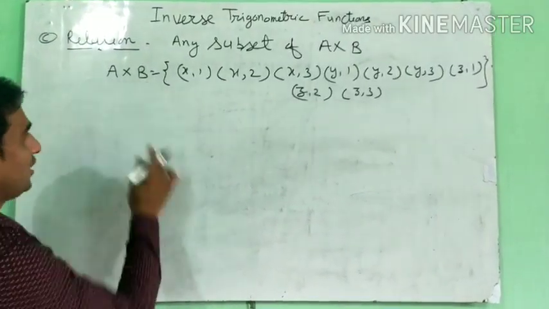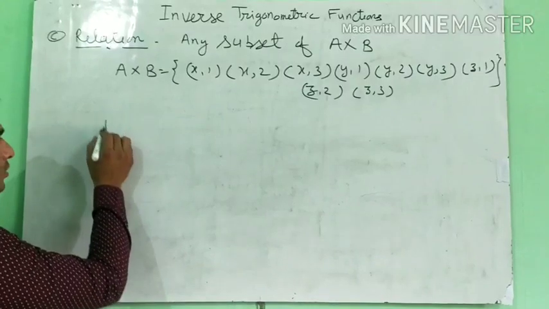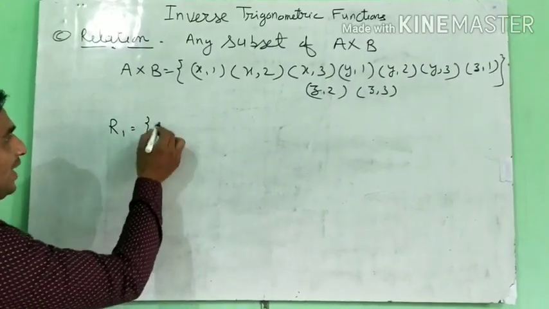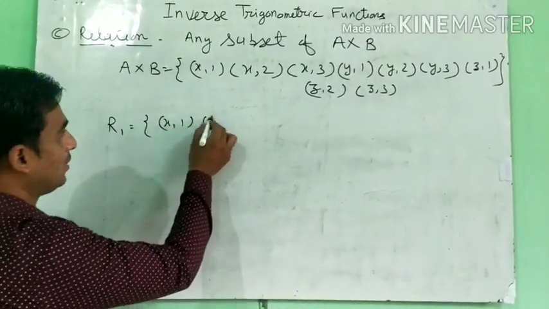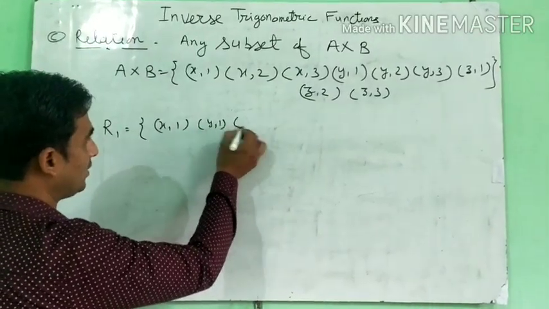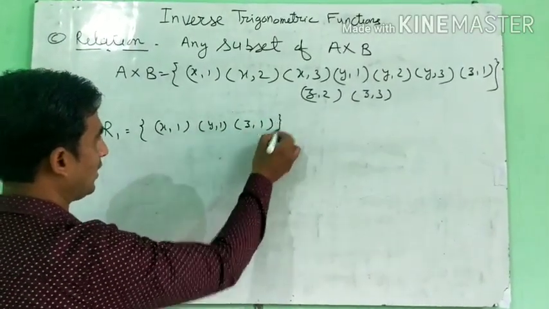Now it is A cross B and I write set R1 as (x,1), (y,1) and (z,1).